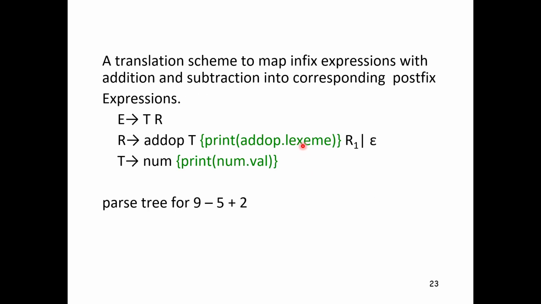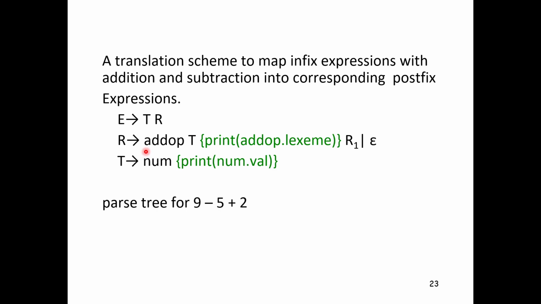Next is an important translation scheme that can map an infix expression to a postfix expression: a translation scheme to map an infix expression with addition and subtraction to the corresponding postfix expression. E gives T R. R gives addop T, {print addop.lexeme}, that is the semantic action, which is the translation scheme, then R1 or epsilon.